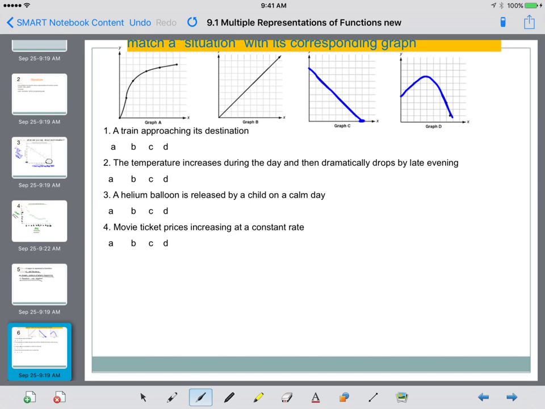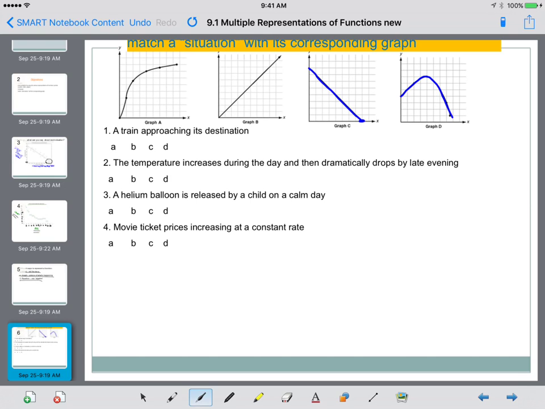So let's take a look and see if we can match a situation with its corresponding graph. So take a second, take a look at these graphs, take a look at the descriptions, and see if you can match up the graphs correctly. Number one, a train approaching its destination.